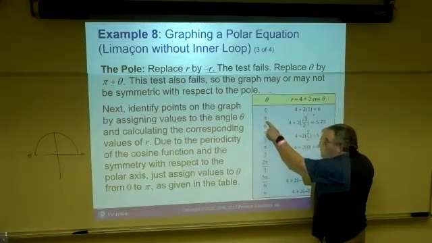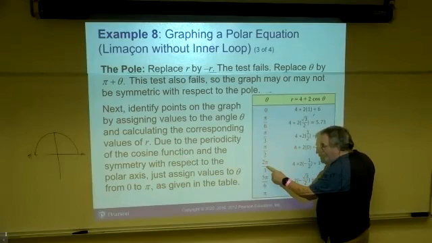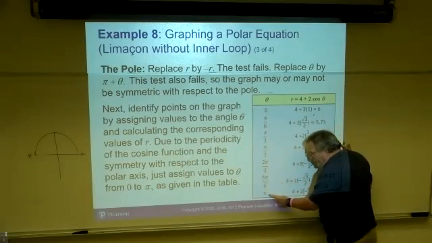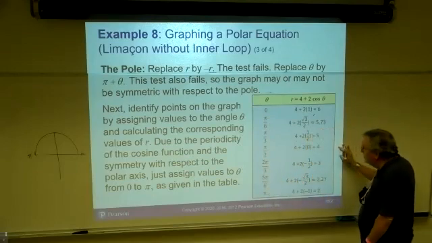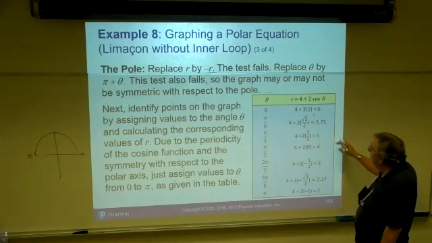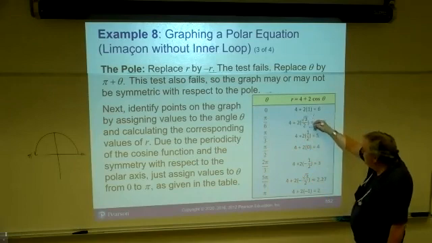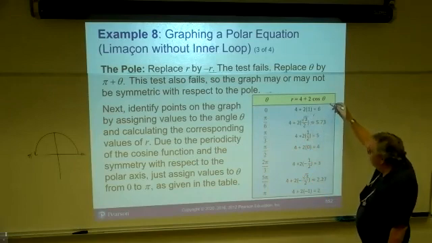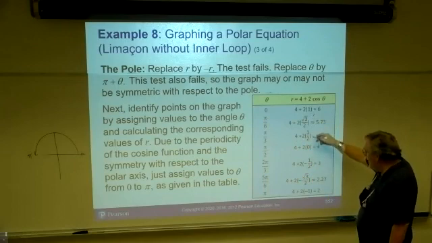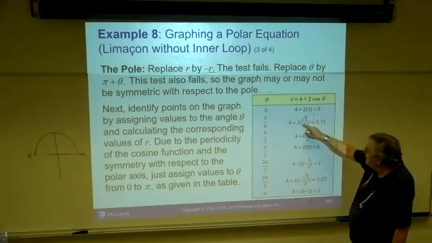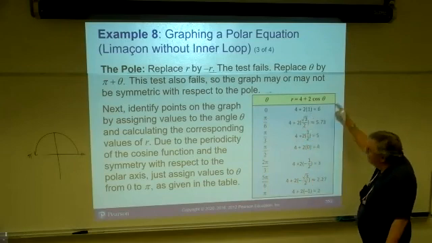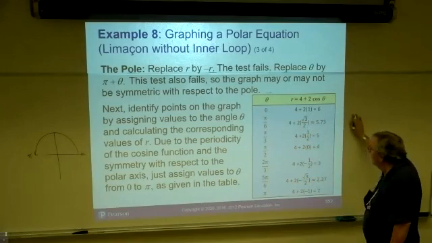So the 30, 60, 90, 120, 150, 180. And then cosine of 0 is 1, cosine of pi over 6 is square root of 3 over 2, cosine of pi over 3 is 1/2, and so they replaced all those, and basically you punch it into the calculator.